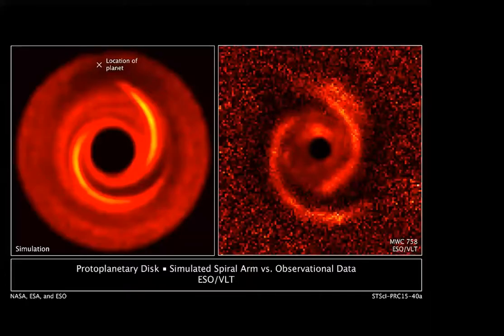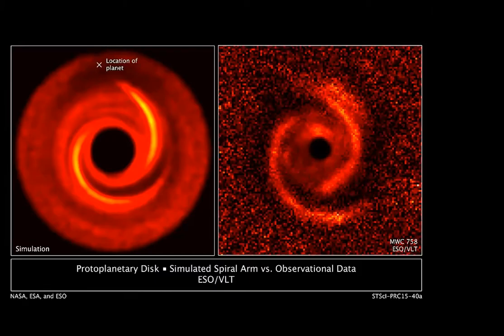Now here's another image of a protoplanetary disk around another star here. We've got a simulation on the left of what we might expect from our physics for a planet forming in a disk around another star, and an actual photograph of the process going on, showing what looks a bit like a spiral galaxy, but it's just a spiraling of the material in the protoplanetary disk.